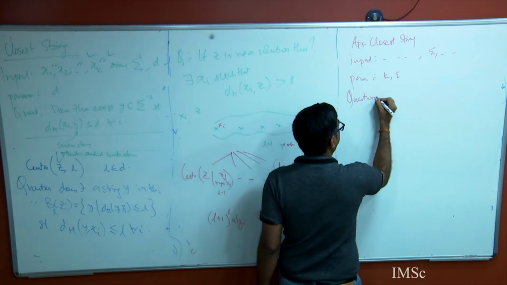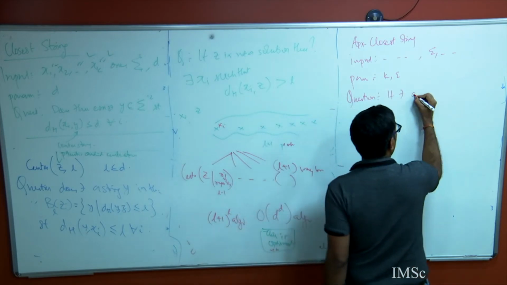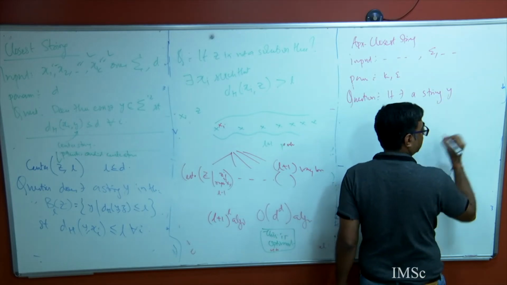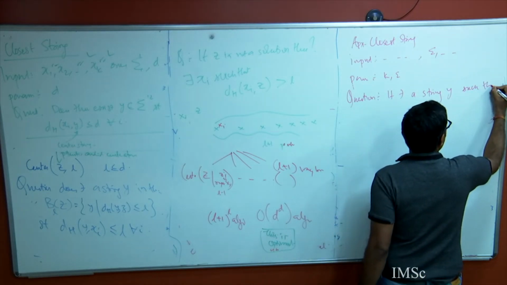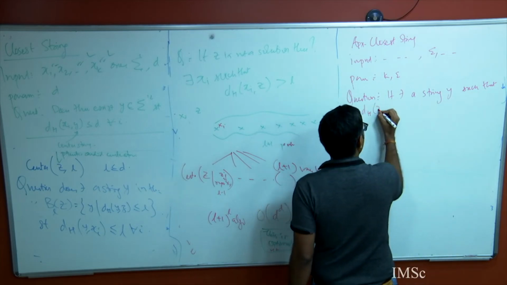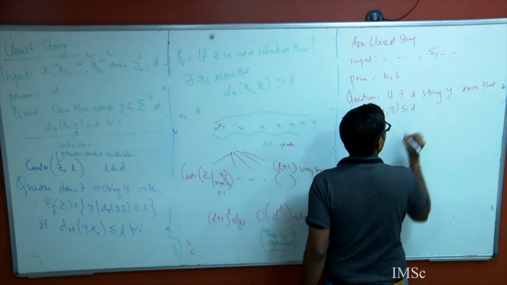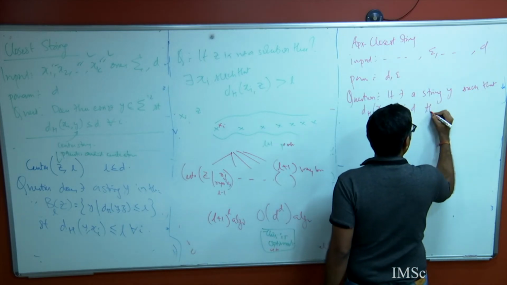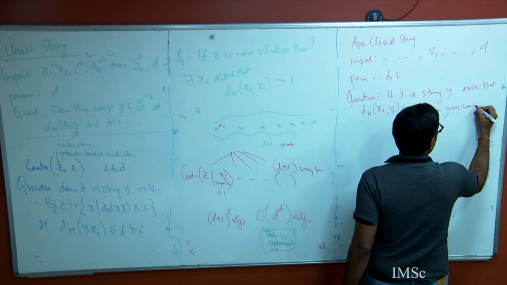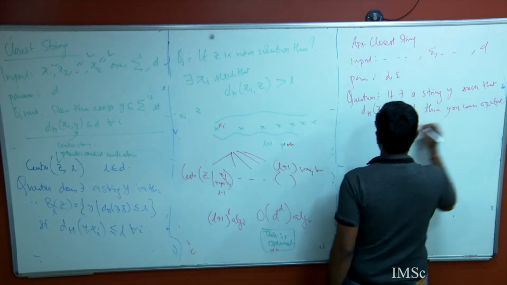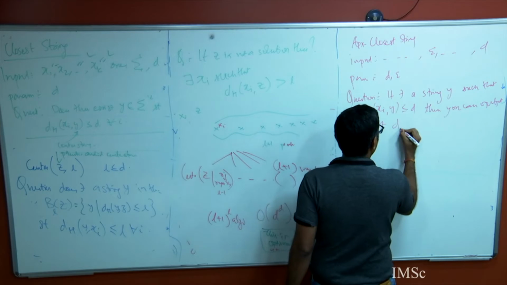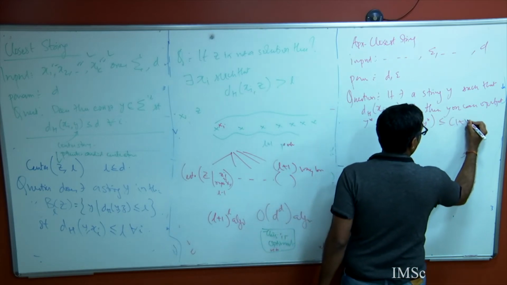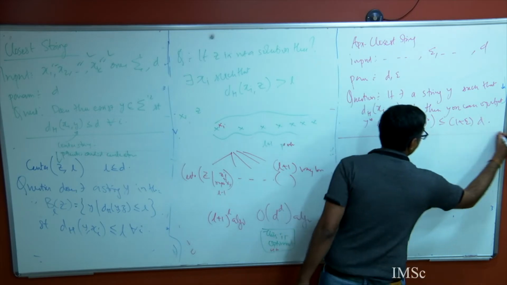Question: if there exists a string y such that the Hamming distance between each xi and y is at most d, then you can output y star such that the Hamming distance between xi and y star is at most 1 plus epsilon times d.